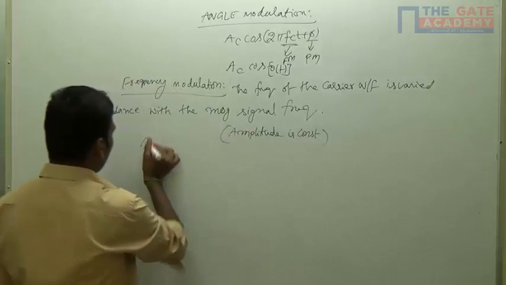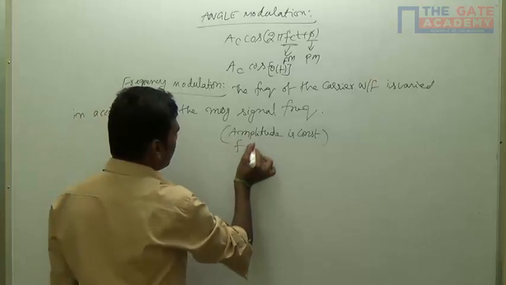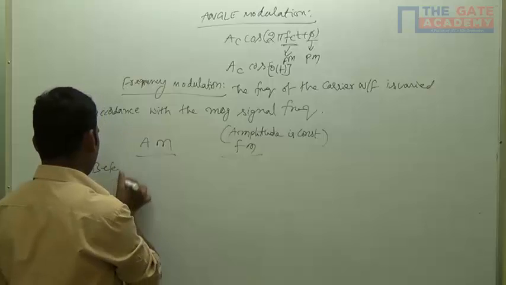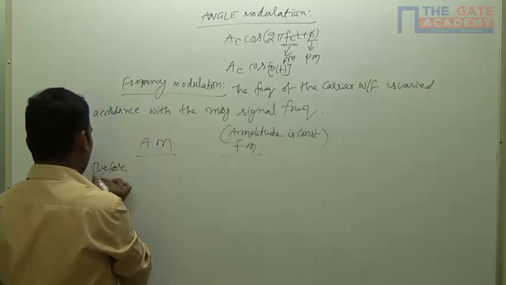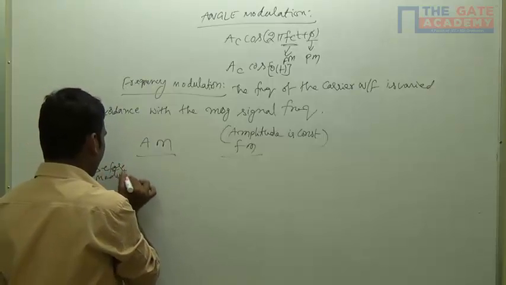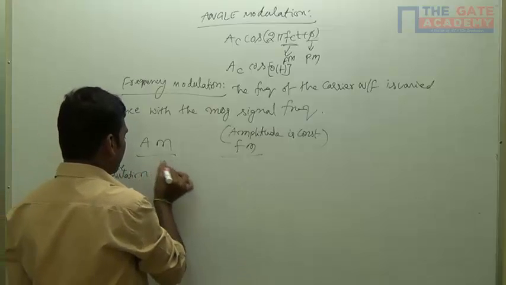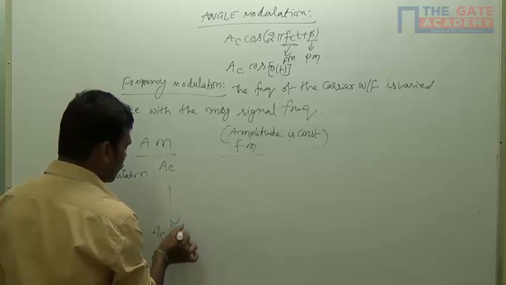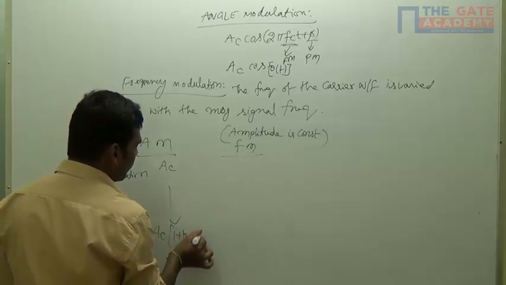If you consider AM and FM: in AM, before modulation the amplitude of the carrier is Ac, and after modulation it becomes Ac into (1 plus Ka m of t).